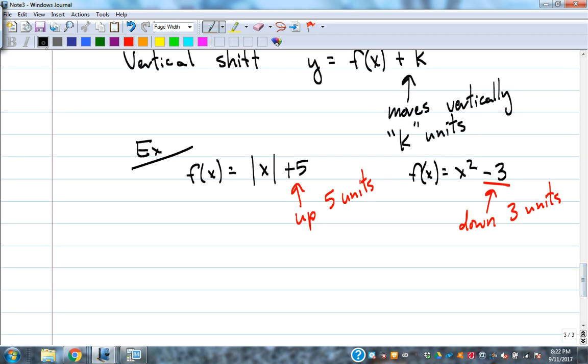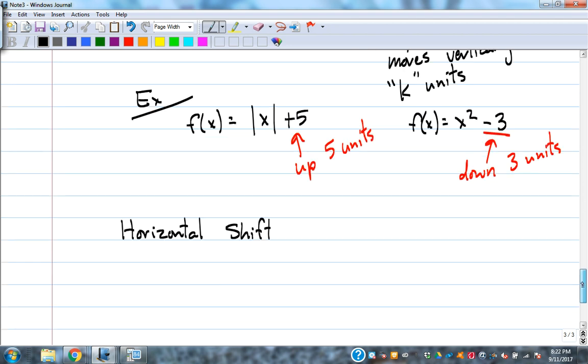Okay, so a horizontal shift. It's where you take y equals, and on the inside, you add some number. If it's a plus sign in here, that's going to move it left k units.